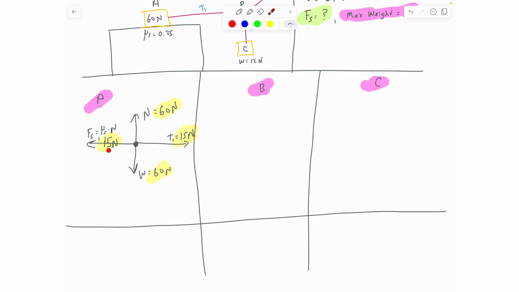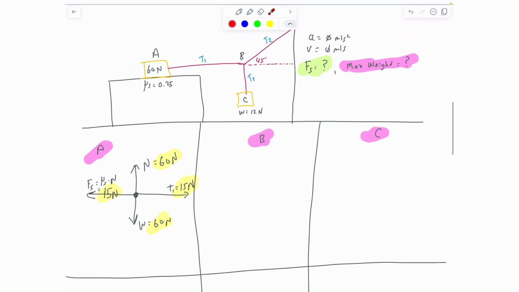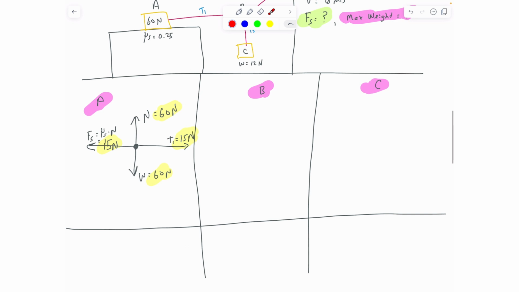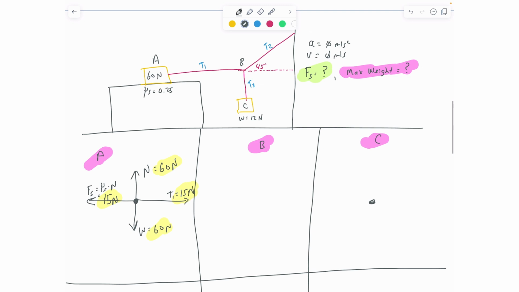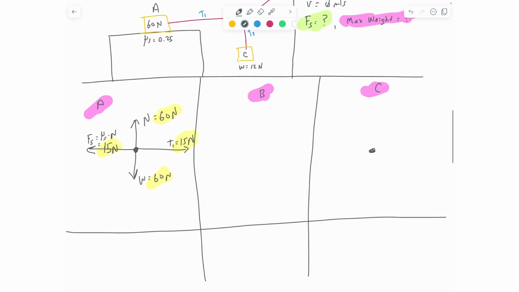Okay, great. So we have that. Now, I want to actually do C next. C is the weight, so let's model it. This is the weight right here, and as you can see, it only has 2 forces on it. It has tension on the top, T3, and weight on the bottom, which we already said is 12 newtons.